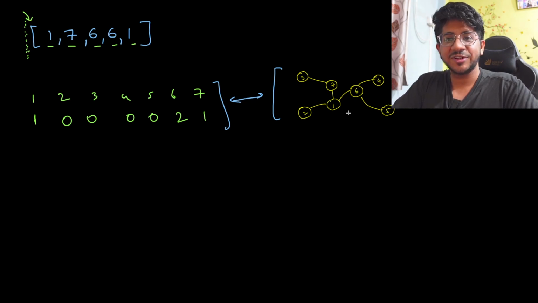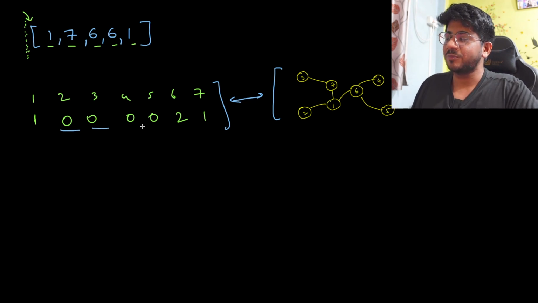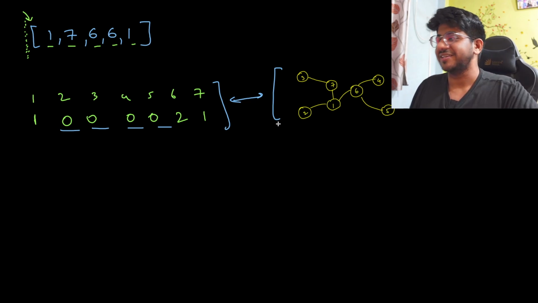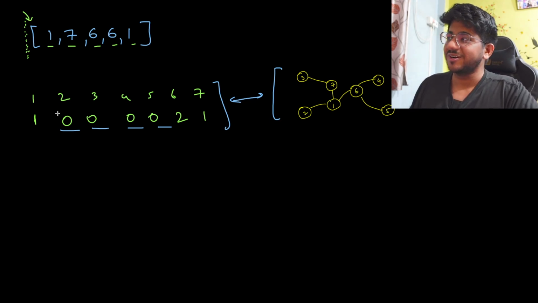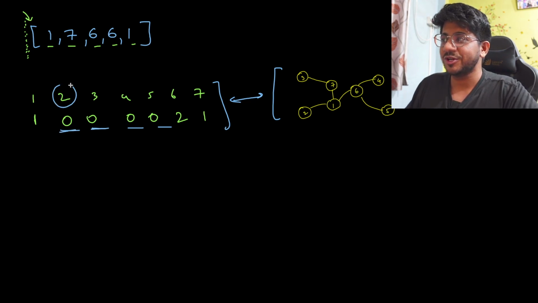When you are building Prufer code, the first elements you pull out are the ones that have 0 frequency in the Prufer code, which are the leaves. So now you can maintain these 0 frequency elements in a set, and then you can pull out the smallest number, which will be your first node. Okay. So there is this 2, which we know was attached to 1.